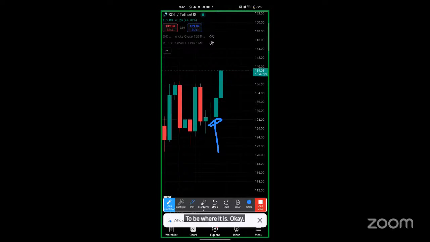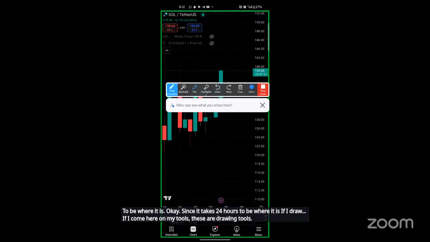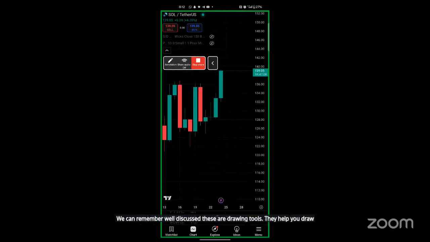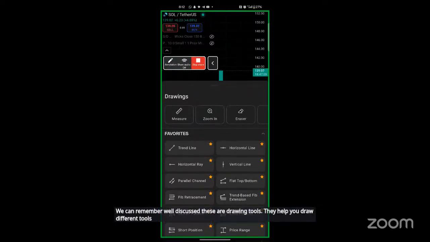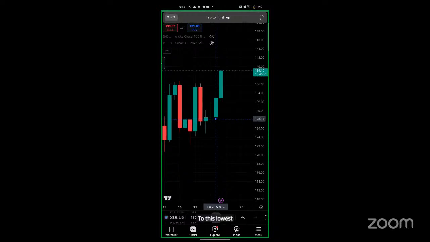If I come here on my tools, these are drawing tools, which I remember we discussed. They help you draw different things, and I'll take the horizontal line. So when I take maybe the horizontal line, or let me use the horizontal ray, I drag this dotted point to this lowest point or the wick there, and I also bring the horizontal ray, you just drag the dotted part to where you want it to start. Then you tap in the dot.